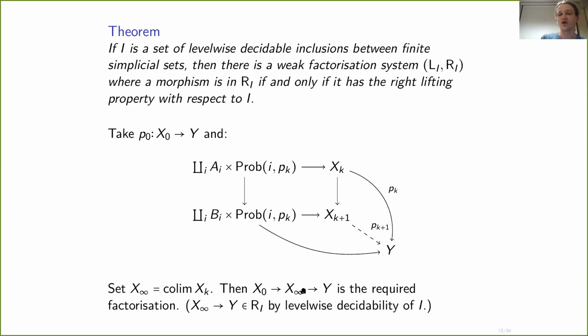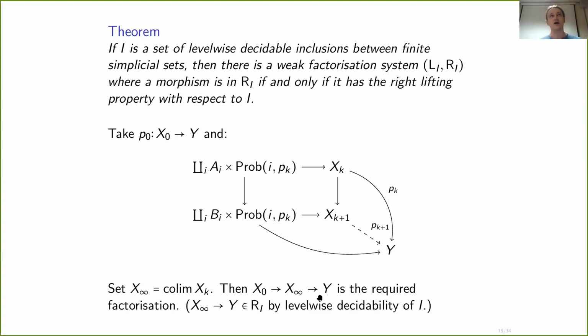But think about it like this: you're trying to provide a structure of a map in R on this thing. So you actually need to explicitly say which lift you are going to produce for any particular lifting problem. So if you are saying that the map factors through some stage, you need to identify this stage explicitly.